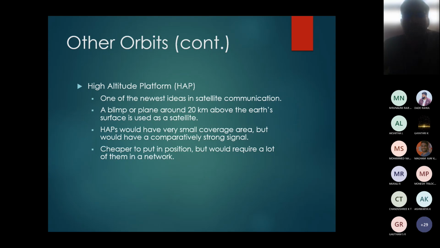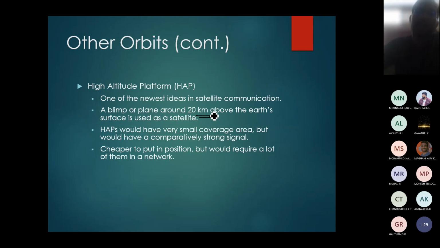And the next type of satellite is called the high altitude platform. This is one of the newest ideas, and they are launched at an altitude, not orbital height, of only 20 kilometers. Can you imagine 20 kilometers? When we are traveling in a flight, we are traveling at an altitude of 10 kilometers.